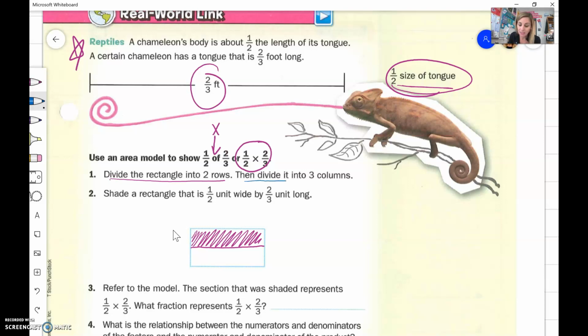And then it says then divide into 3 columns. So I'm going to divide it into thirds. And since I'm talking thirds, I know I said 2/3, so I'm going to shade the other way. Notice some are overlapping, okay? So I have shaded in 2/3 of that rectangle, which is what we just did right here.